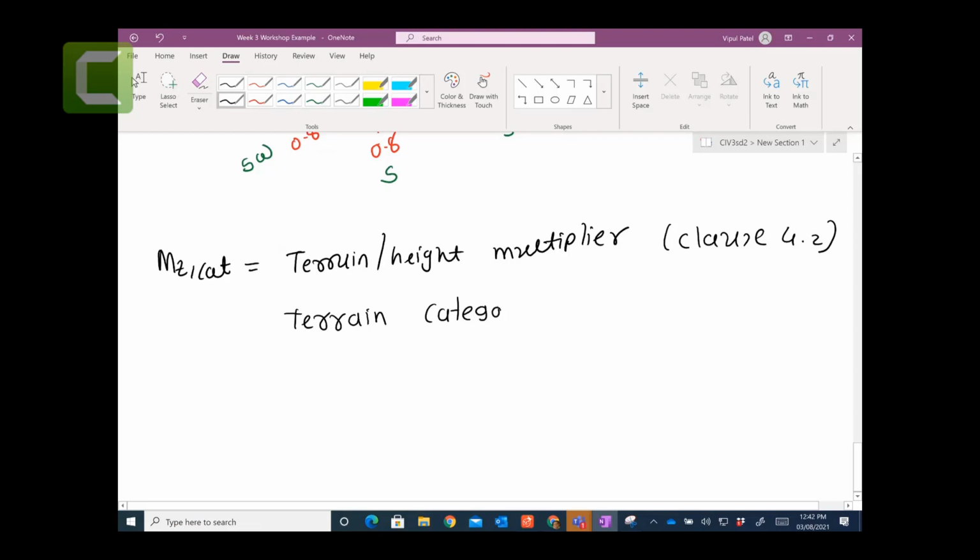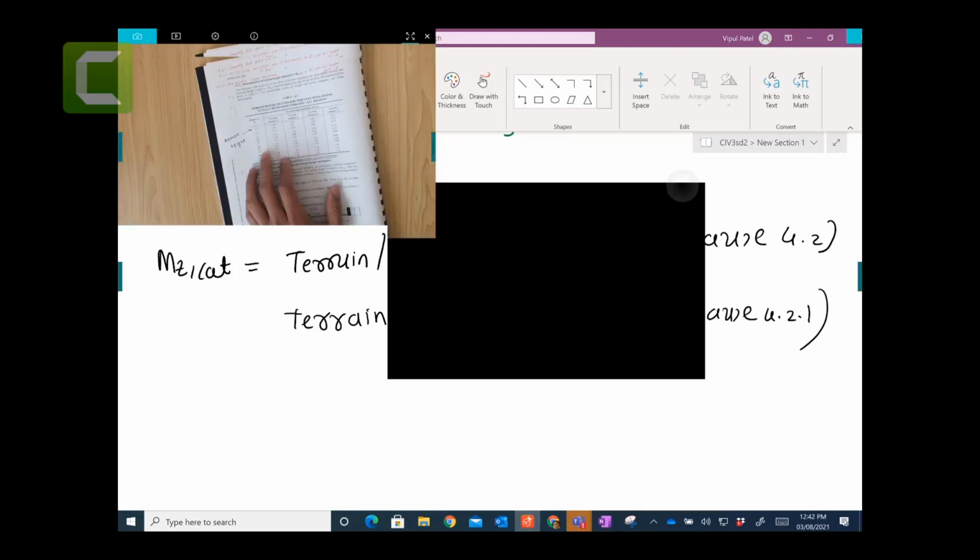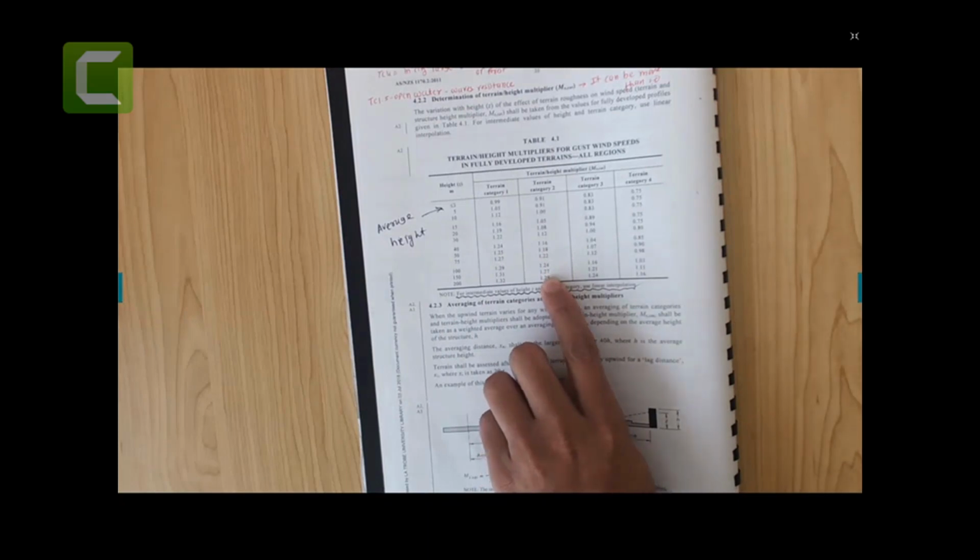Terrain category number 2, say TC2, and that is from clause 4.2.1. Once you decide terrain category 2, you come back here, to terrain category 2, table 4.1.